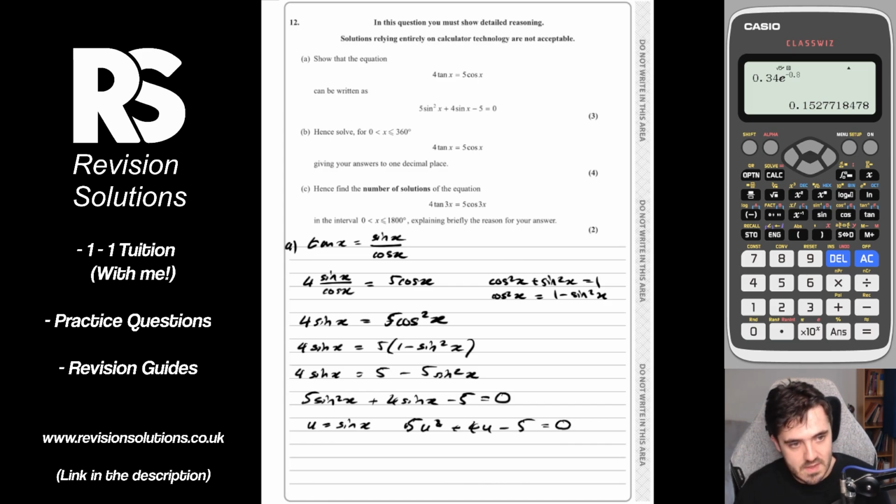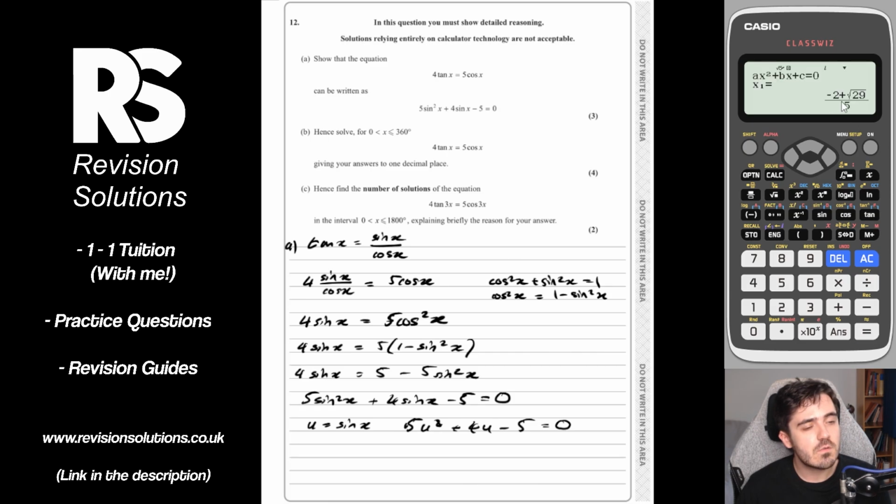And for this one, I'm going to allow myself just to use the quadratic solver because we're really interested in the solutions of a trigonometric equation. So go to menu, scroll over to equation and functions, polynomial degree 2, type in my coefficients. So 5, 4, and minus 5.